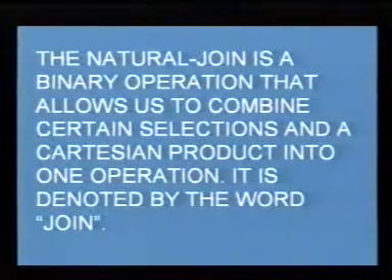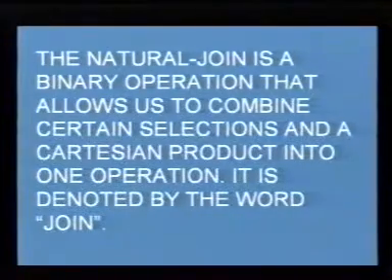The natural join is a binary operation that allows us to combine certain selections and a Cartesian product into one operation. It is denoted by the word join. The natural join forms a Cartesian product of its two arguments, performs a selection forcing equality on the attributes that appear in both the relational schemas, and finally removes the duplicate attributes.